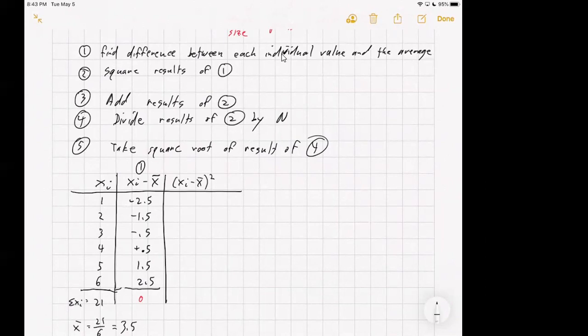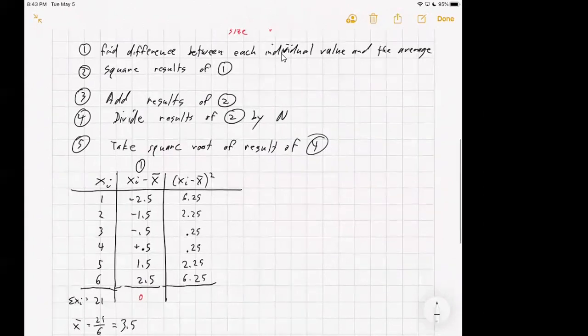If I do these quickly in my calculator, I have 2.5 squared, which is 6.25. 1.5 squared is 2.25. 0.5 squared is just 0.25, and then we have repeats: 0.25, 2.25, and 6.25 again. That's the completion of step 2.